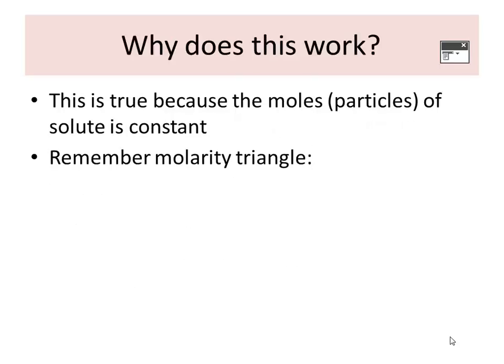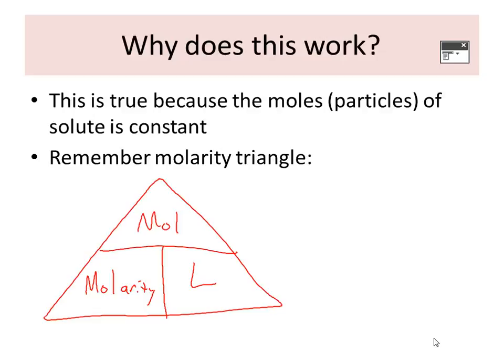So, why does this work? And this is a key thing here, guys. The molarity triangle is the moles per liter. Molarity is equal to moles over liters. So think about it.